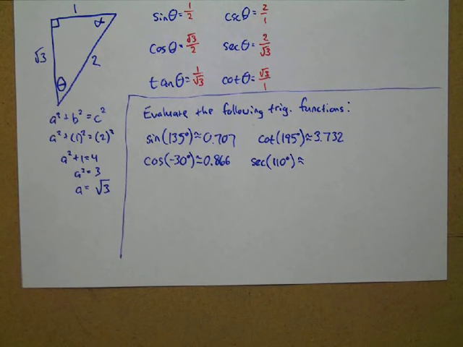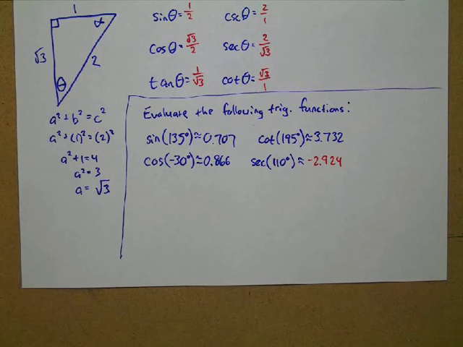Secant of 110 degrees. Alright, should be done. Negative 2.924. Okay, negative 2.924 there.